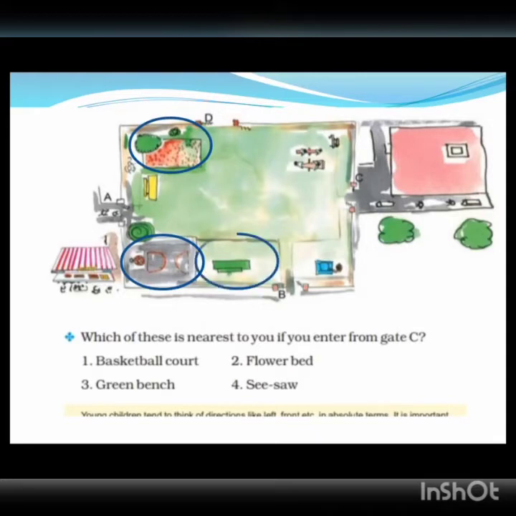Third, green bench. And fourth one, seesaw. And you know, here is the gate C. Now you tell me which is nearest to you if you enter from the gate C. Yes, very good. Seesaw is the nearest one. So our answer is seesaw.